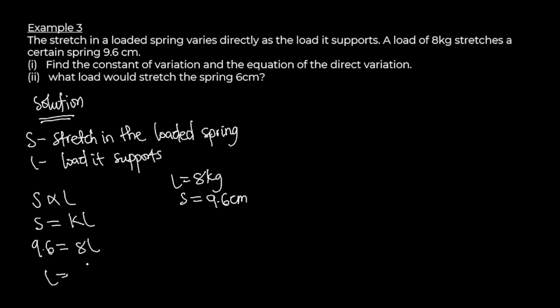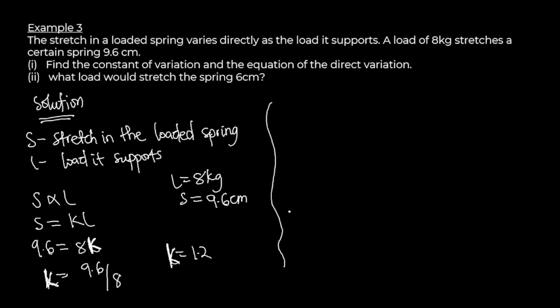So our K is now 9.6 on 8. This is supposed to be K, our constant of proportionality. So our constant of proportionality from here becomes 1.2.